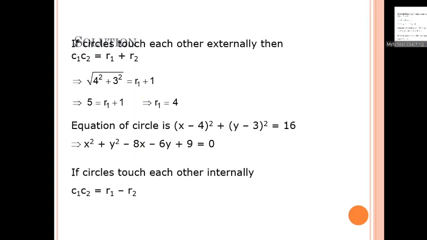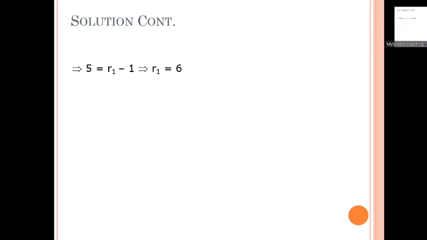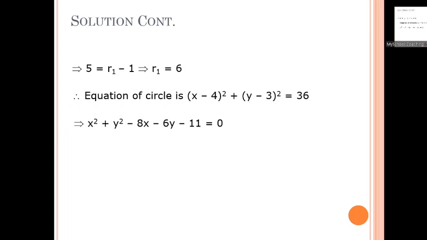So if the circles touch each other internally, then C1 C2 should be equal to R1 minus R2. Okay. So R1 6 भी हो सकता है. Clear or not? So this can also be an alternate answer. Okay.